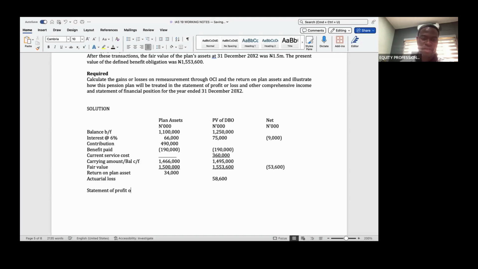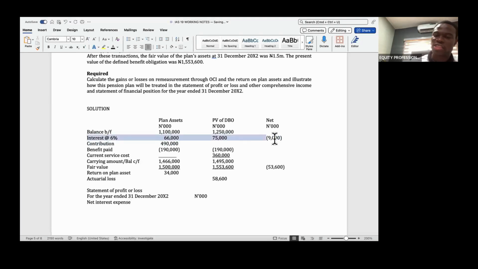So my statement of profit or loss for the year ended 31st December 20X2. What goes to P&L? Number one is my net interest. In this case, it's a net interest expense because when you look at this interest expense here, the obligation was higher than the asset.